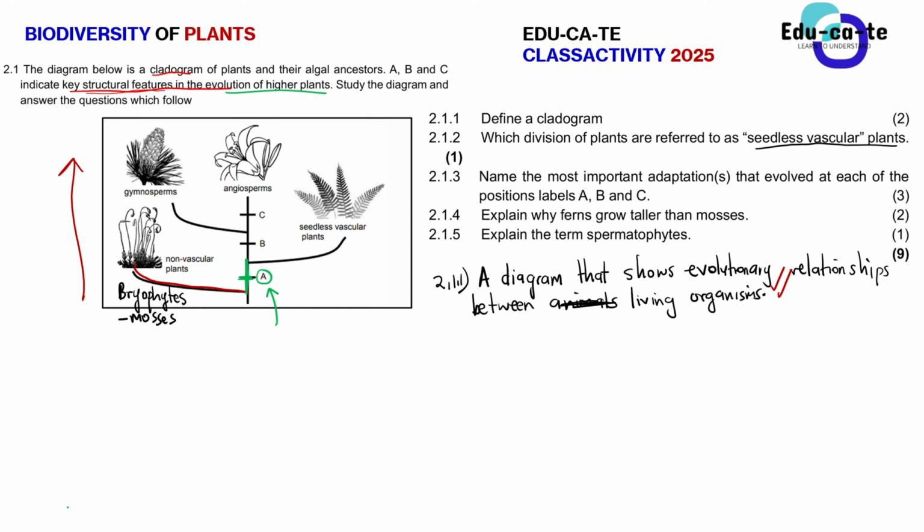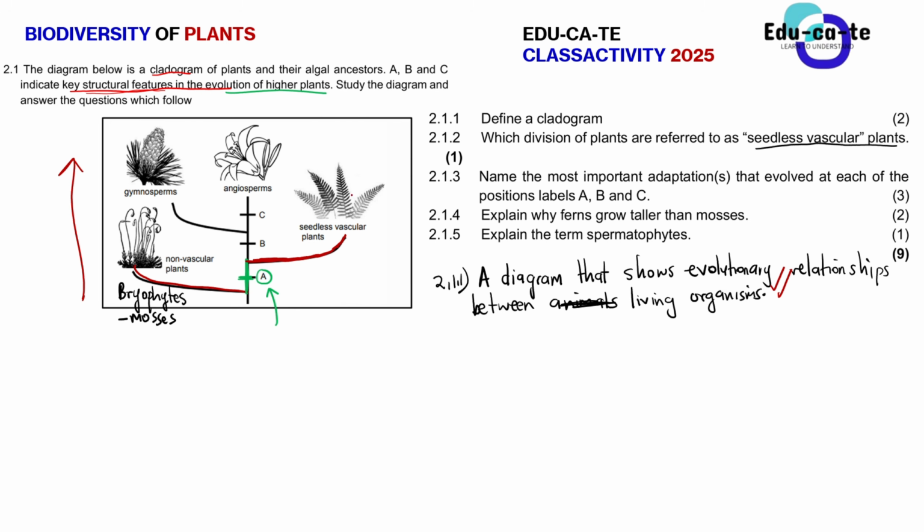For us to move from bryophytes to pteridophytes, we add a vascular system. Since bryophytes do not have a xylem and a phloem, the pteridophytes developed a vascular system. So these are the pteridophytes, the seedless vascular plants.